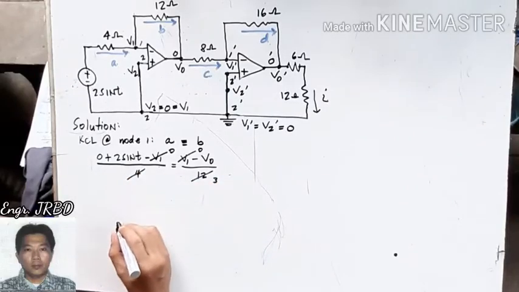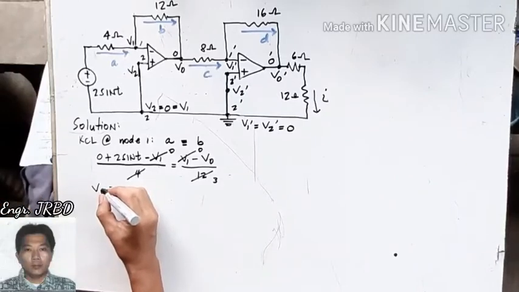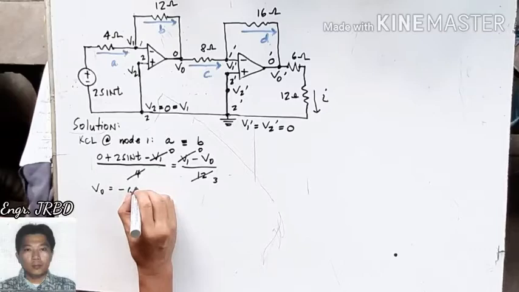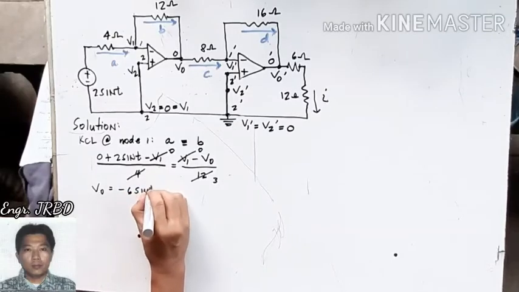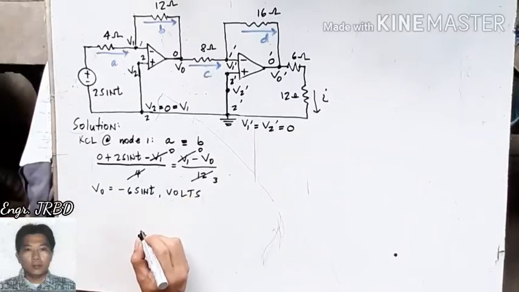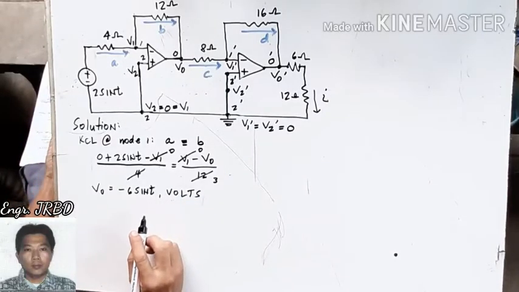That is 3, so V sub O is negative 6 sine of t volts. You can check that in your handout. I think in your handout that is mistakenly written as positive 6, but it should be negative 6 sine t.